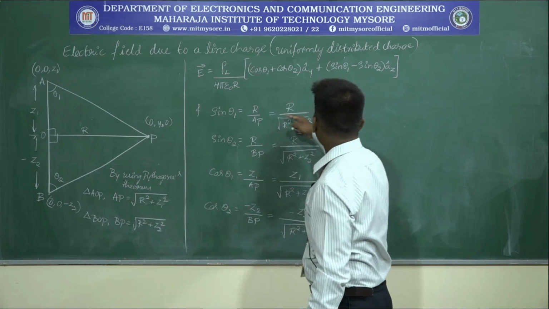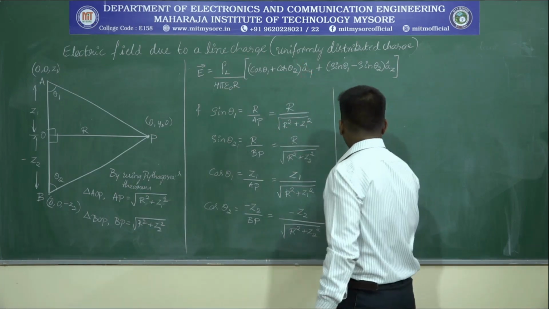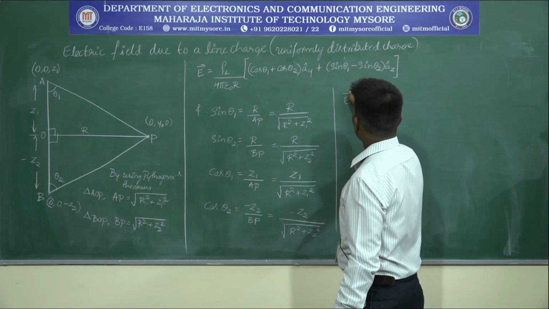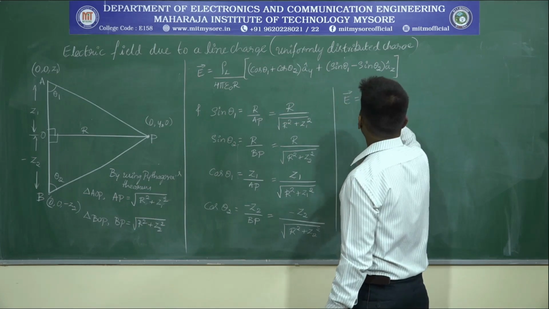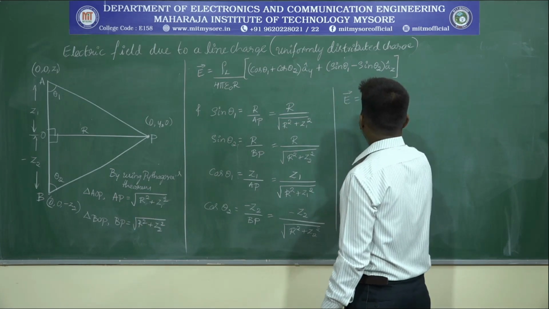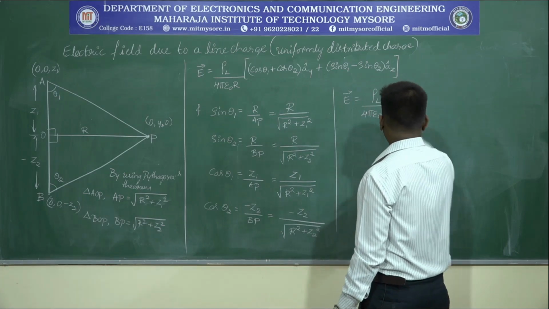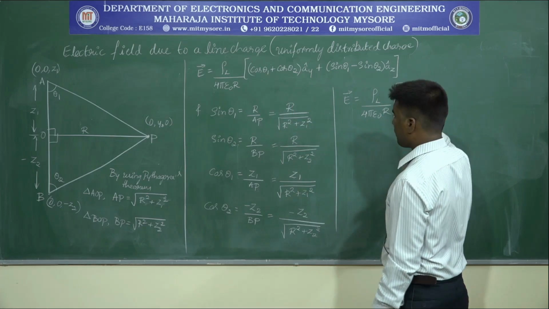Substituting all these four quantities into the above equation, the resultant is E is equal to rho L divided by 4 pi epsilon naught into r into, what is cos theta 1?